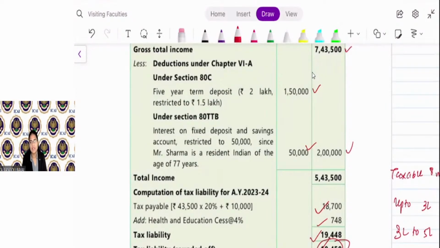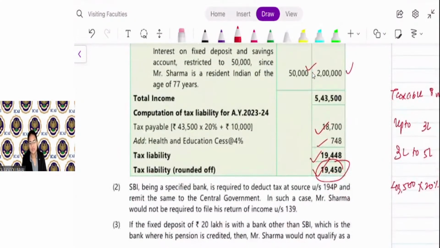And SBI remits the same amount to the account of the central government. So here section 194P is applicable, and as per section 194P, the individual, that is the specified senior citizen, is not required to file a return of income. So in this case, SBI, being a specified bank, is required to deduct tax at source.